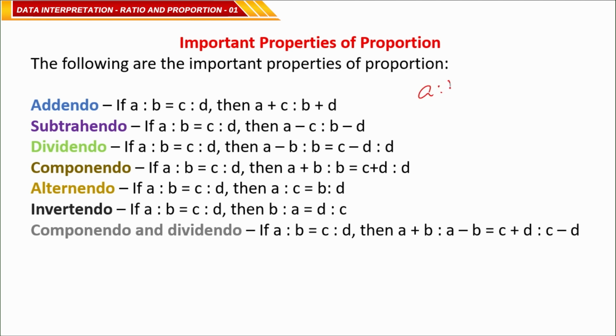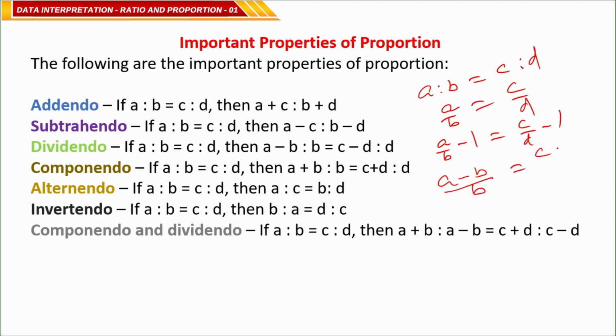When A is to B is equal to C is to D, that is A by B is equal to C by D, then you can subtract 1: A by B minus 1 is equal to C by D minus 1, or A minus B by B is equal to C minus D by D, or you can say A minus B is to B is equal to C minus D is to D, clear.